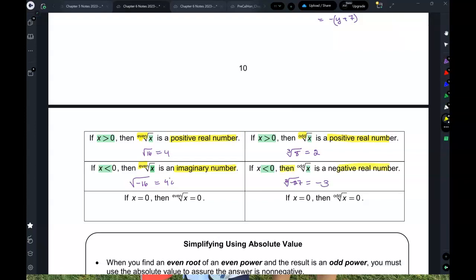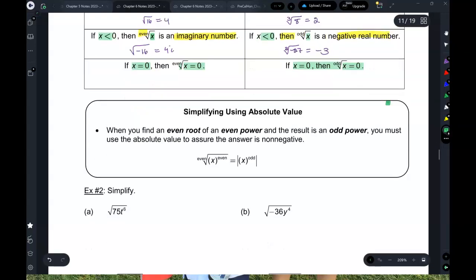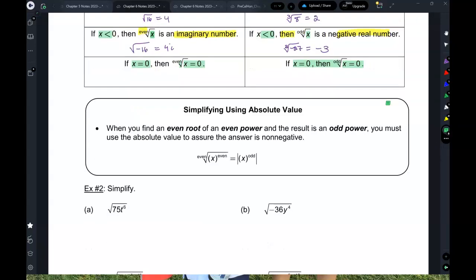So if the radicand is positive, there isn't an issue. But if the radicand is negative, an even root is imaginary, and an odd root is just a negative number. And if the radicand is 0, the roots are always 0. This you guys already knew. There's not any new information there.